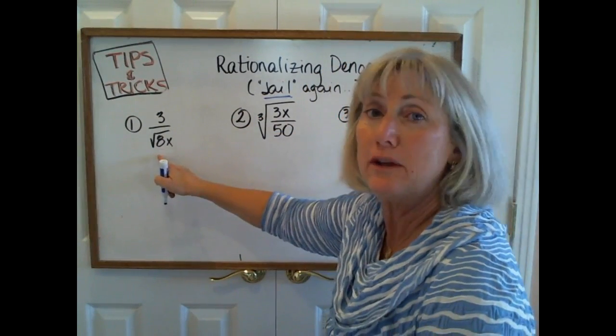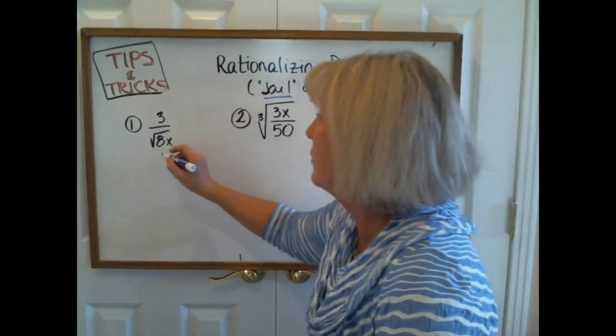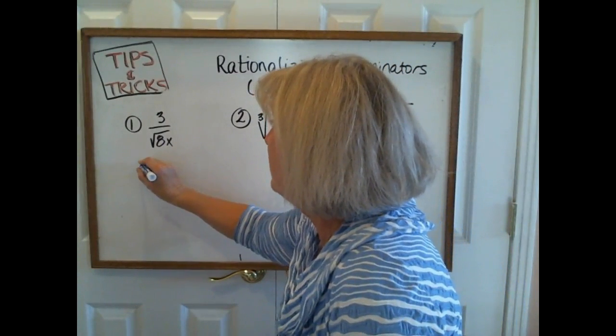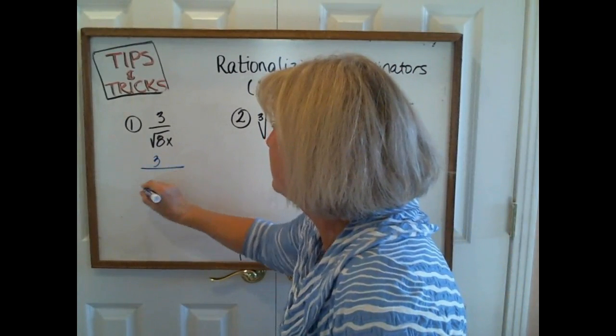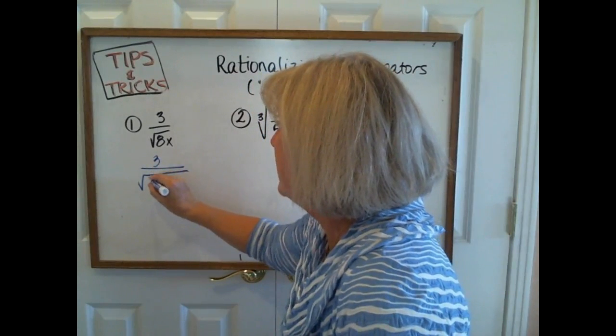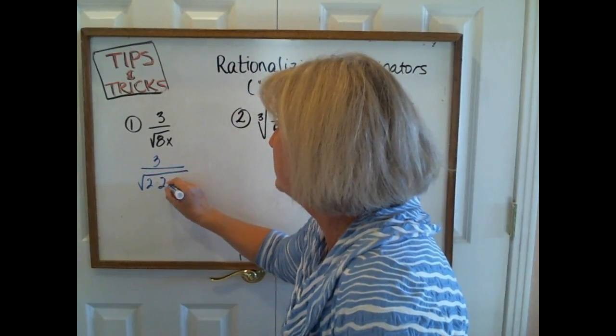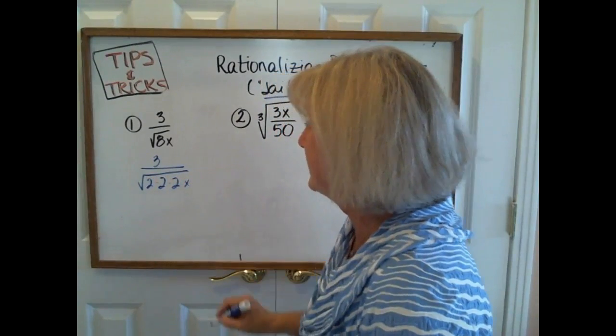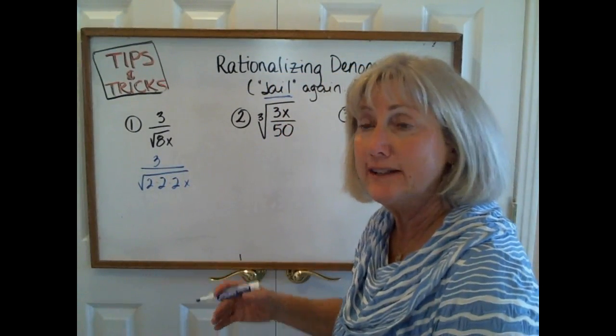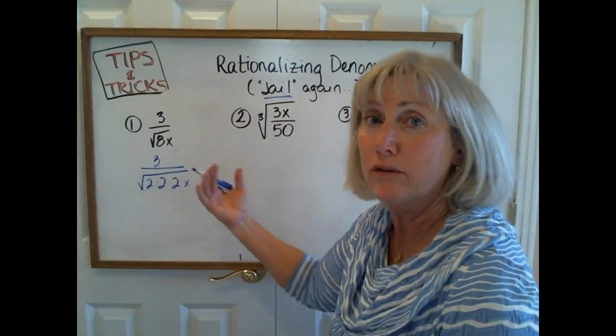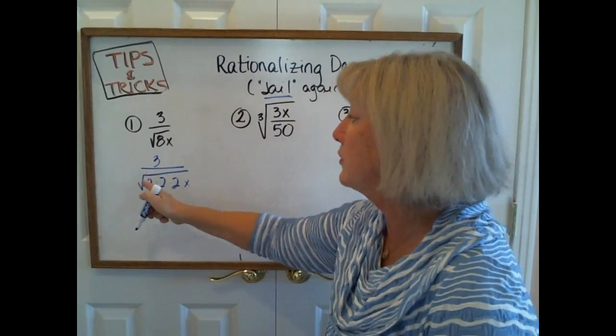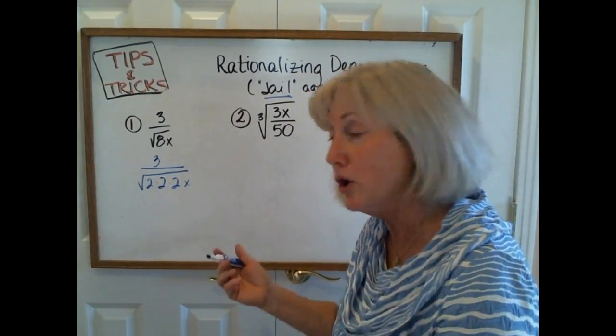So what we want to do is break this up. So the denominator, we're going to have 3 divided by the square root of 8 is 2 times 2 times 2 times x. Now the object is to get everything out of jail, and this is a square root, so everything needs to have a partner.